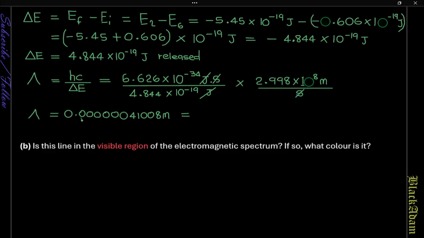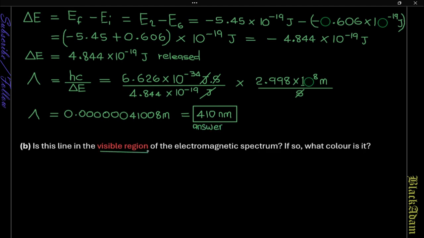Put that in exponential form, it's going to be 10 to the power negative 9. That's nano. So that means we have 410 nanometers. That's what we have as our answer.